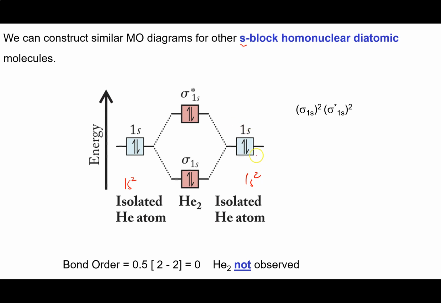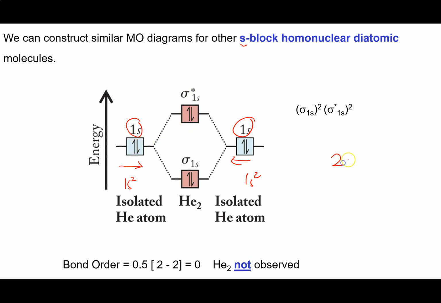So again, we've got 2 isolated helium atoms. Now we think about what happens when these guys come together and their 1s orbitals overlap. Well, if those 1s orbitals overlap in phase, we will form a sigma 1s bonding molecular orbital, and if they overlap out of phase, we'll form a sigma star 1s anti-bonding orbital.